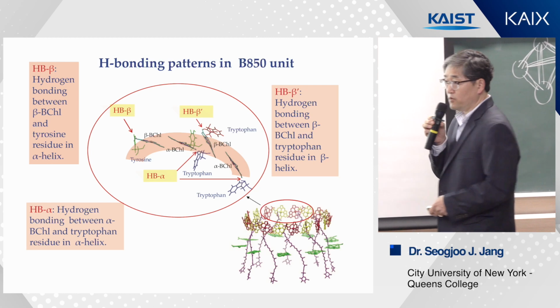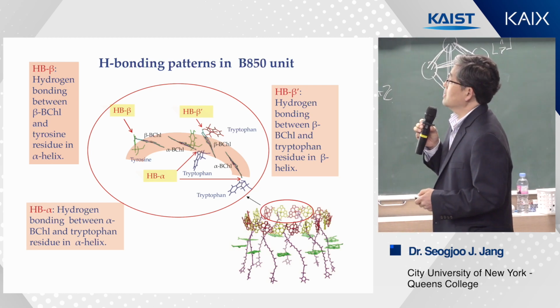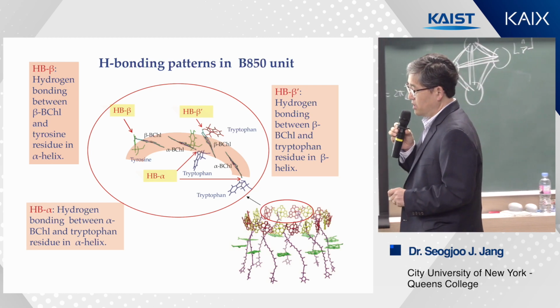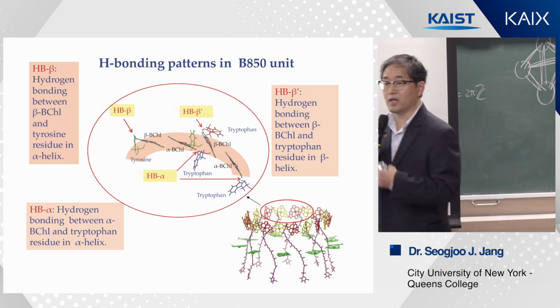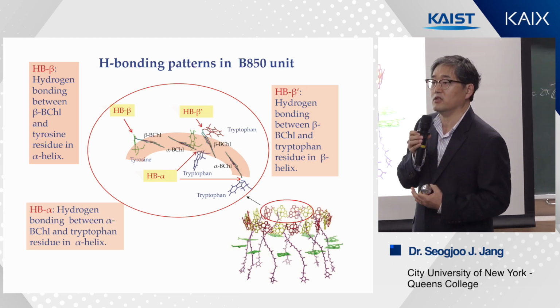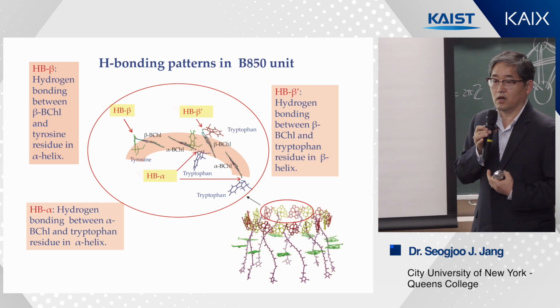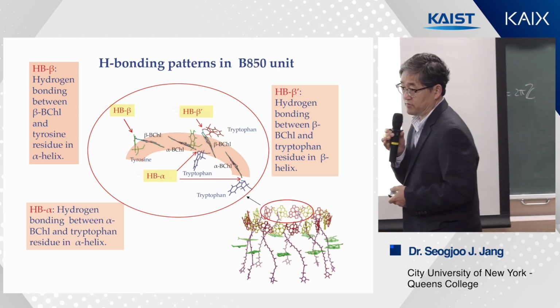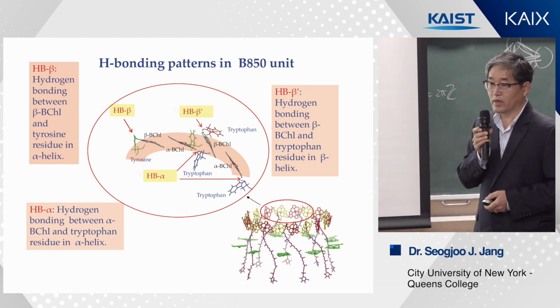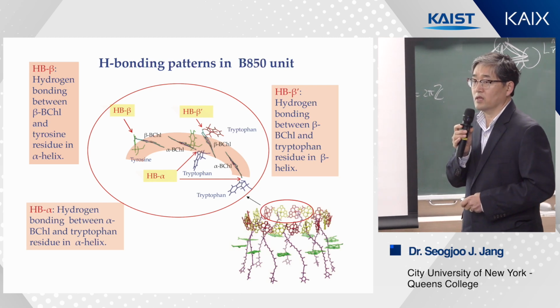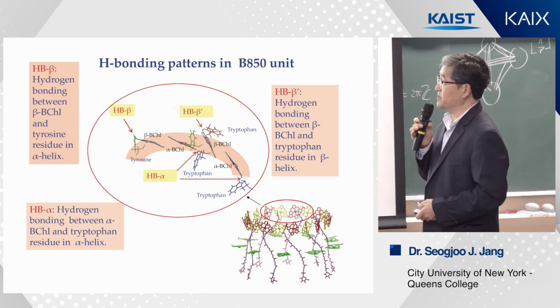For natural ones, the bacterial chlorophylls are mainly held by coordination bonding between the histidine unit of the polypeptide and the magnesium center of the bacterial chlorophyll. But it turns out that there is additional hydrogen bonding.